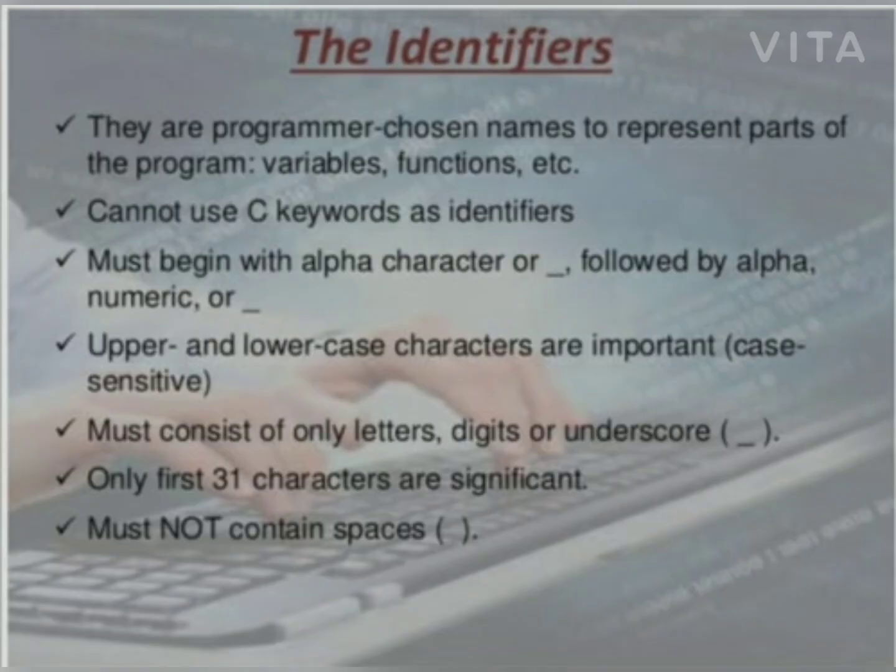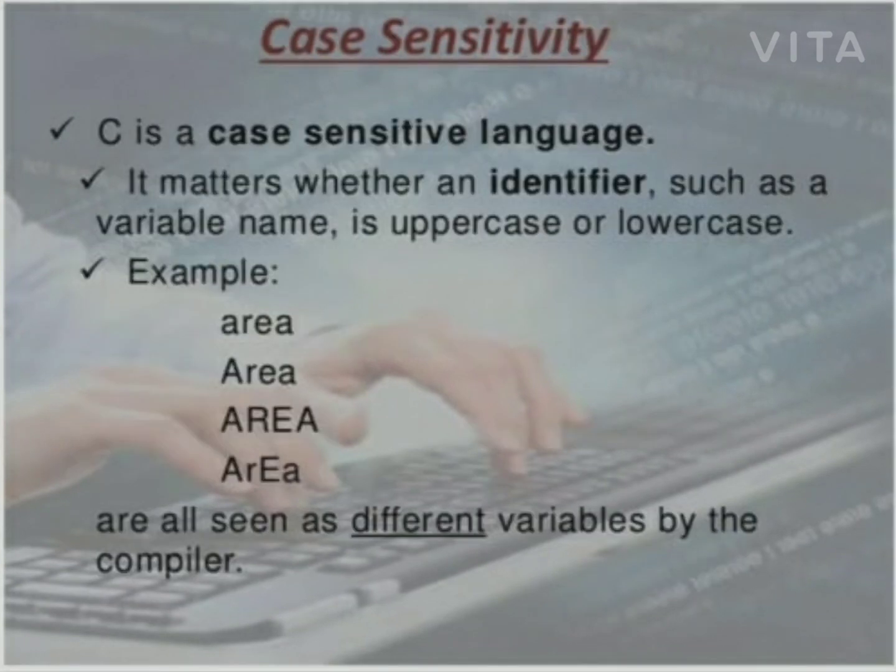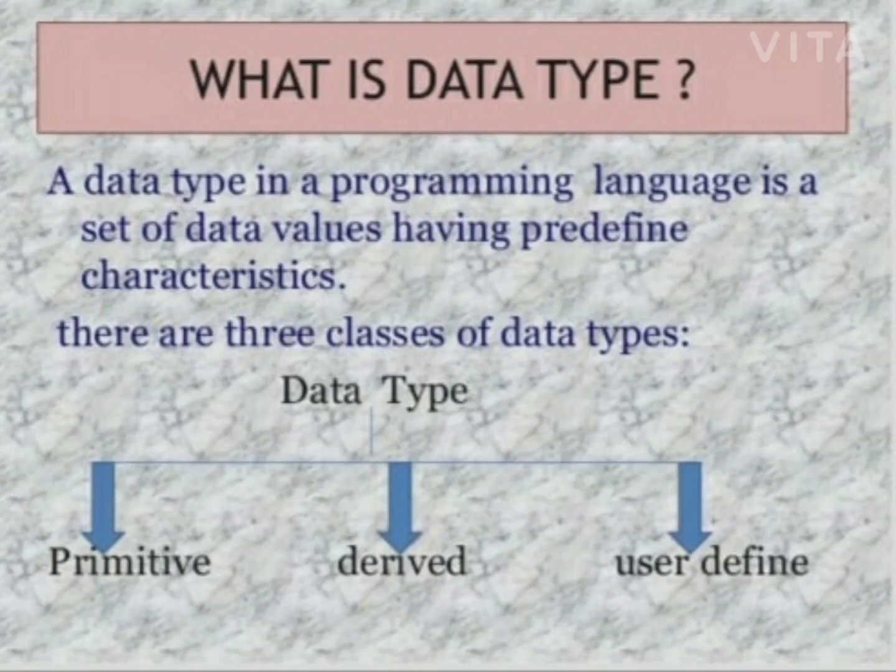The identifiers. They are programmer chosen names to represent parts of the program like variables, constants, functions, library names, etc. C is case sensitive, which means it uses both uppercase and lowercase, and they are considered different. What is a data type?